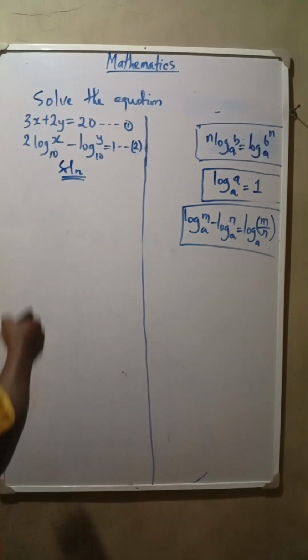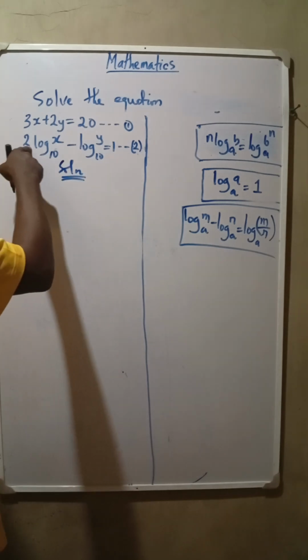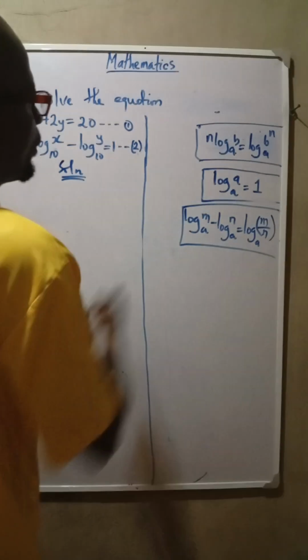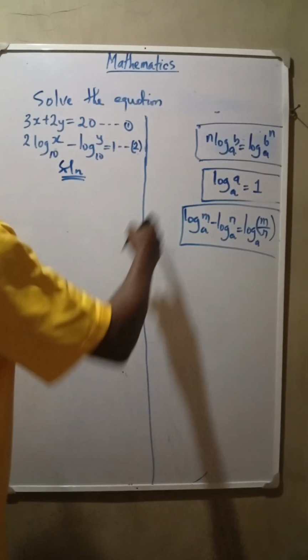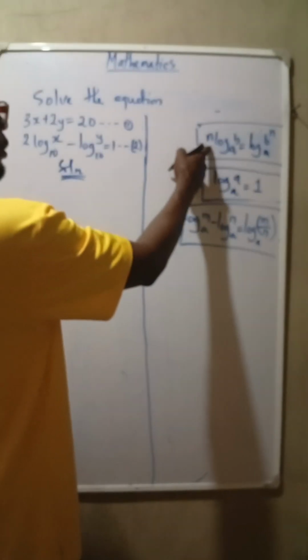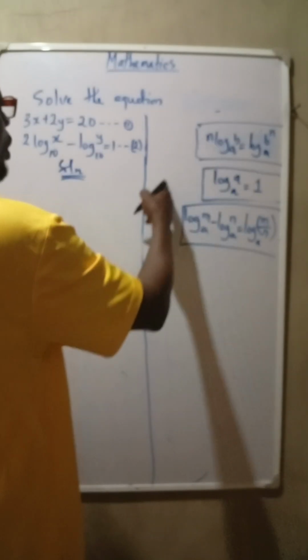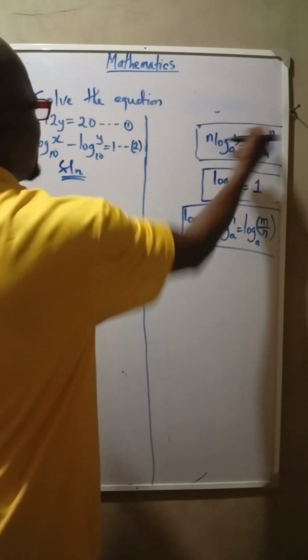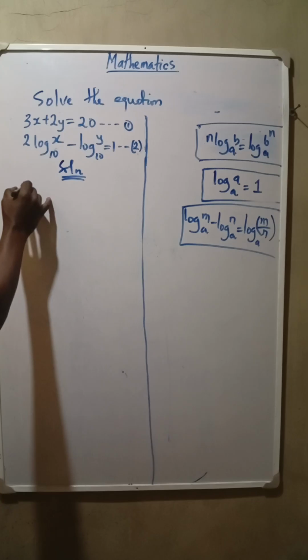First and foremost, we are going to return these two to the power of x using this law of indices. Law of logarithm. Logarithm and indices are almost related. By this law, any number in front of the log, you can take it as the power. So that is exactly what I'm going to do here.